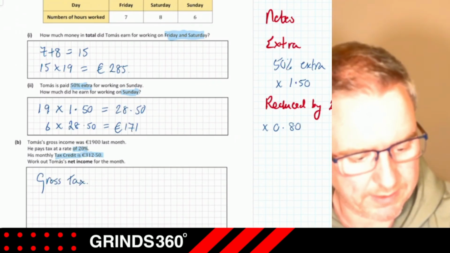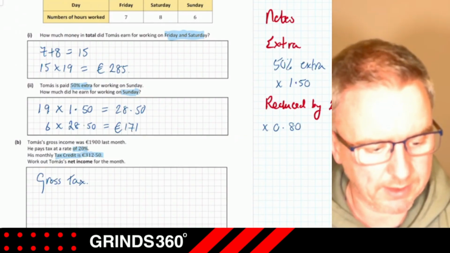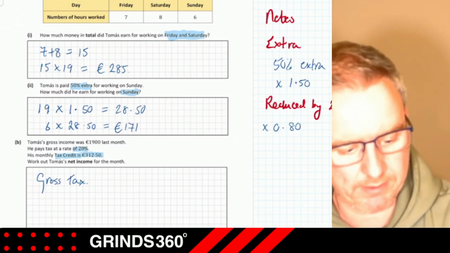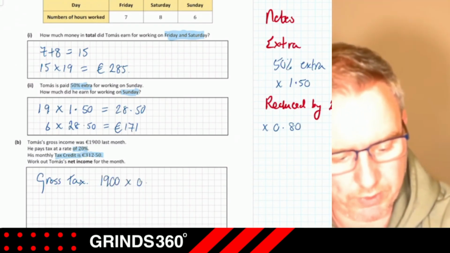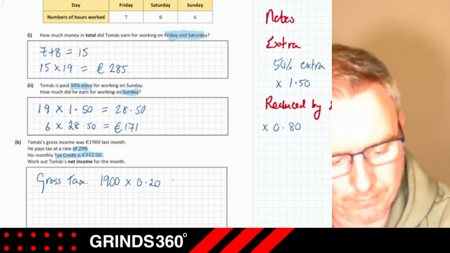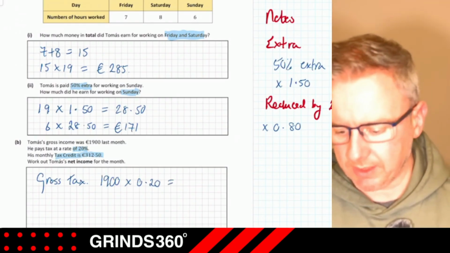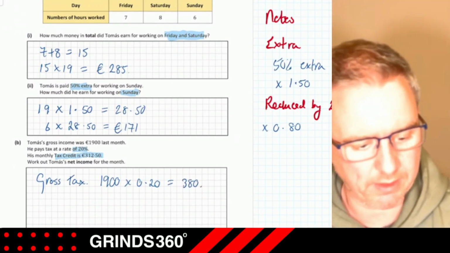So the gross tax, his gross income was 1,900 and he pays tax at a rate of 20%. So again, 1,900 times 0.2. So again, I will keep saying to you, do not do any of these in your head, go to your calculator, okay? So 380 there.